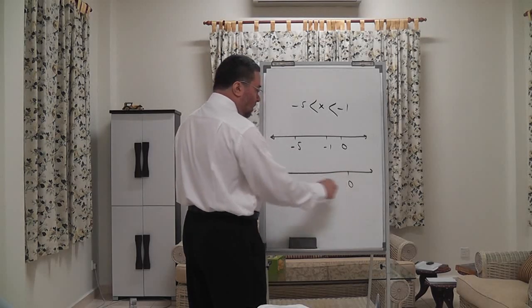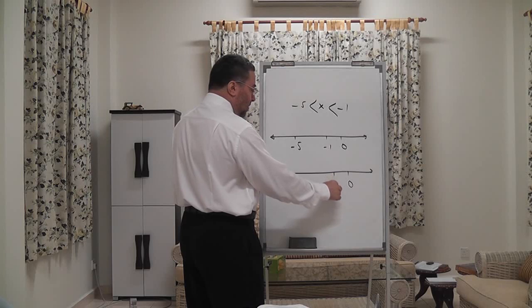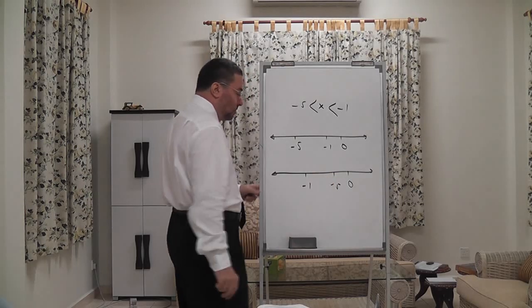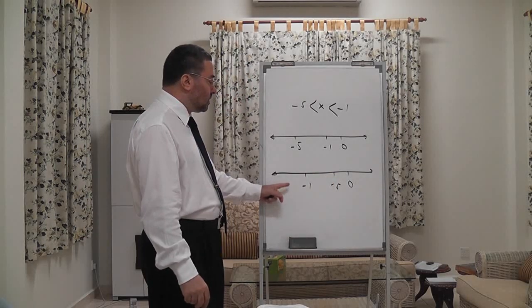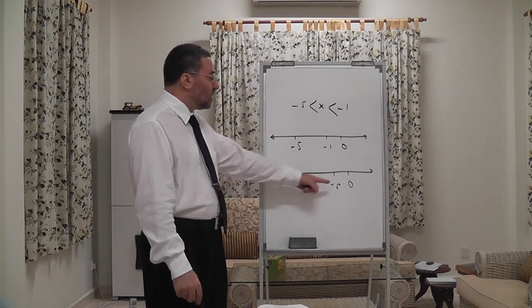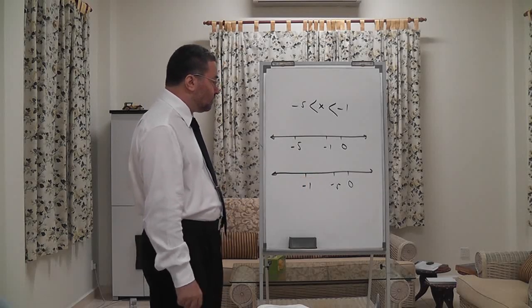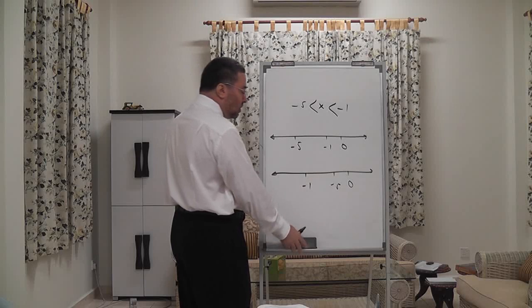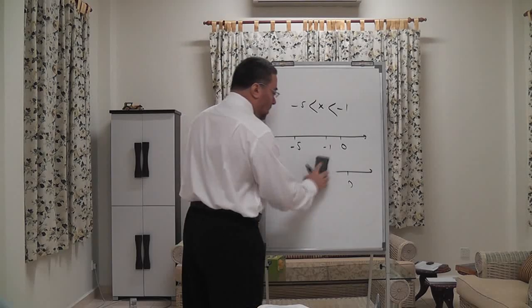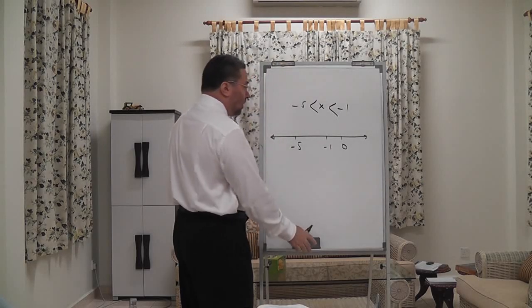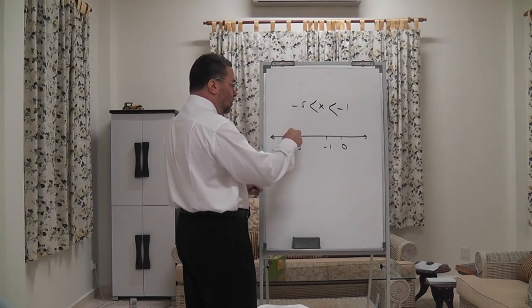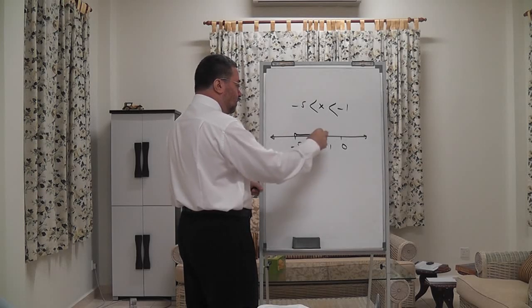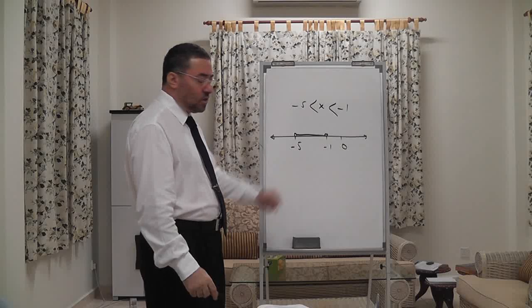Mix up the number line. So you put minus 5 here and minus 1 here. This is the wrong position of the numbers. So you have to be careful when you graph your inequality. And here x is between these two, so it will be graphed this way.